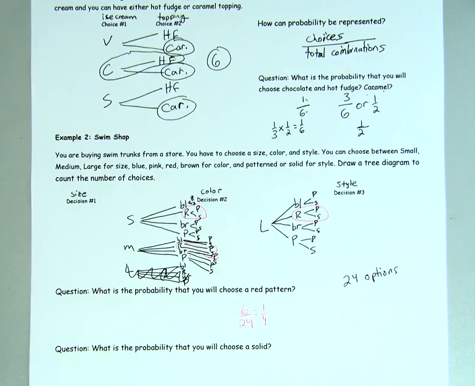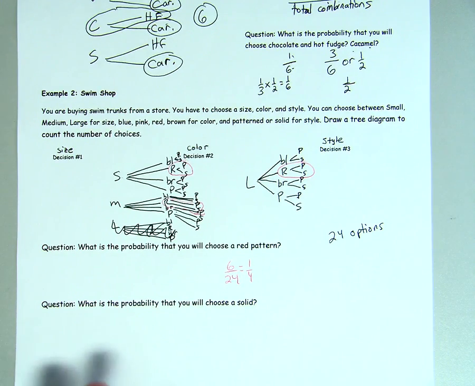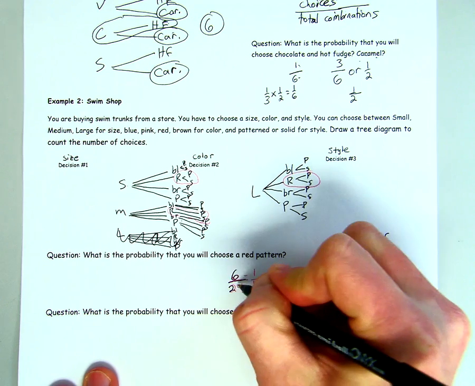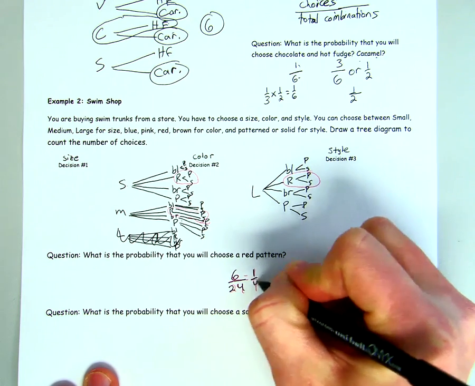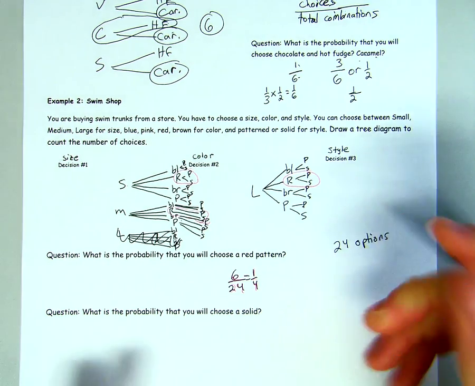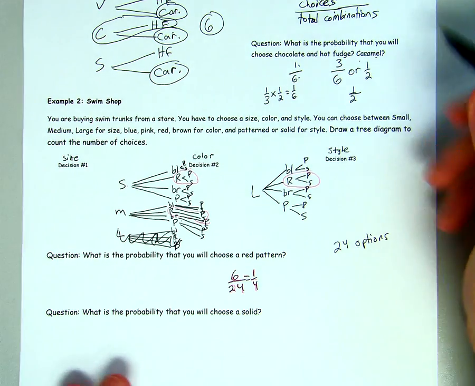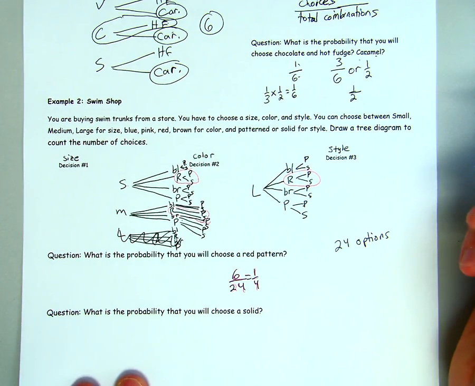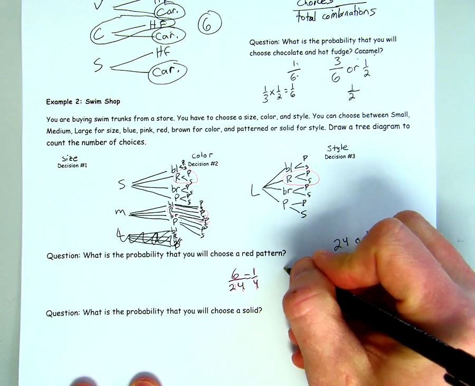Okay. Now if I want to think about a number sentence with that, let's do this so you can see it a little better. For size, it doesn't matter what size I choose because I'm just talking about a red pattern. So that is a 3 out of 3.